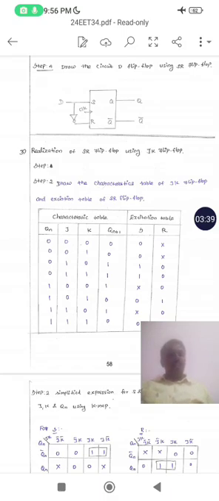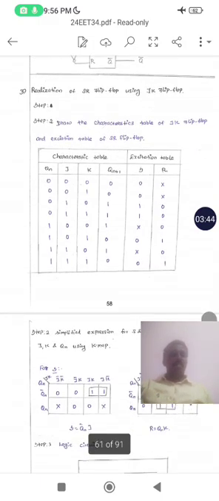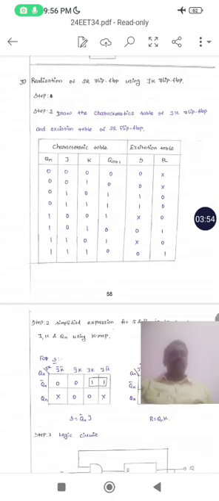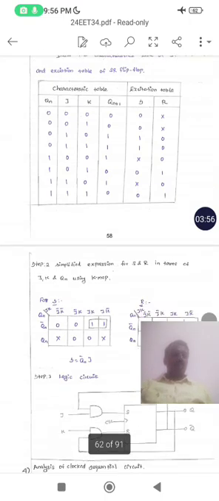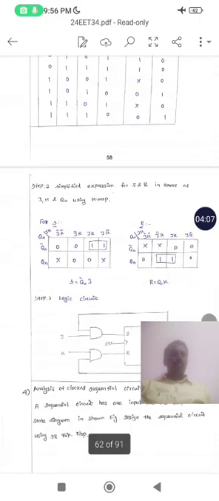Already we found the excitation table of SR to map it with the present state and Qn plus 1. And then we design the SR flip-flop using JK. So we use the excitation table to form the variables S and R. Using those variables, we form the K-map.